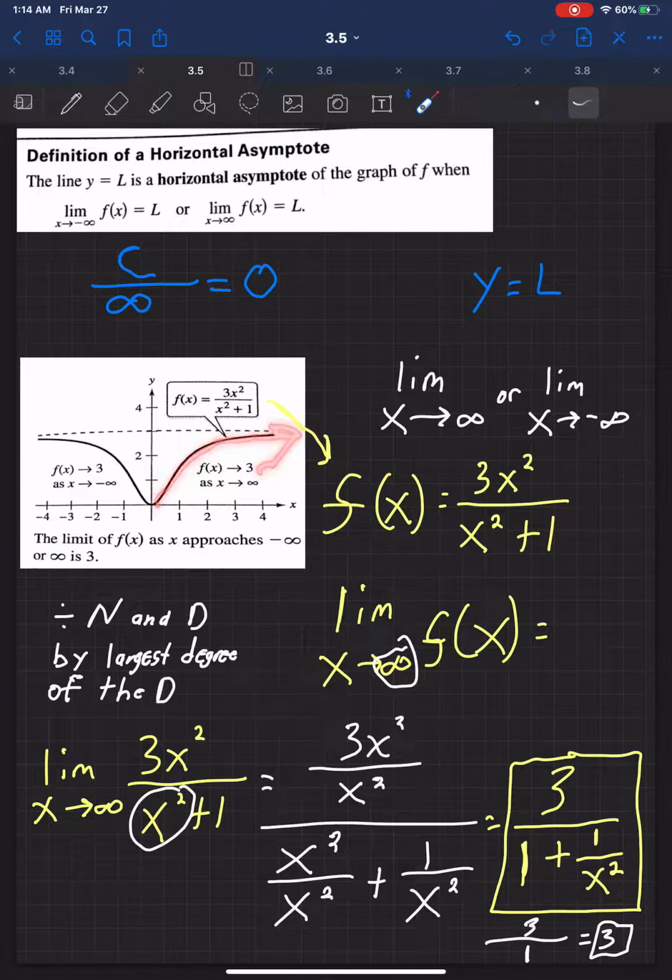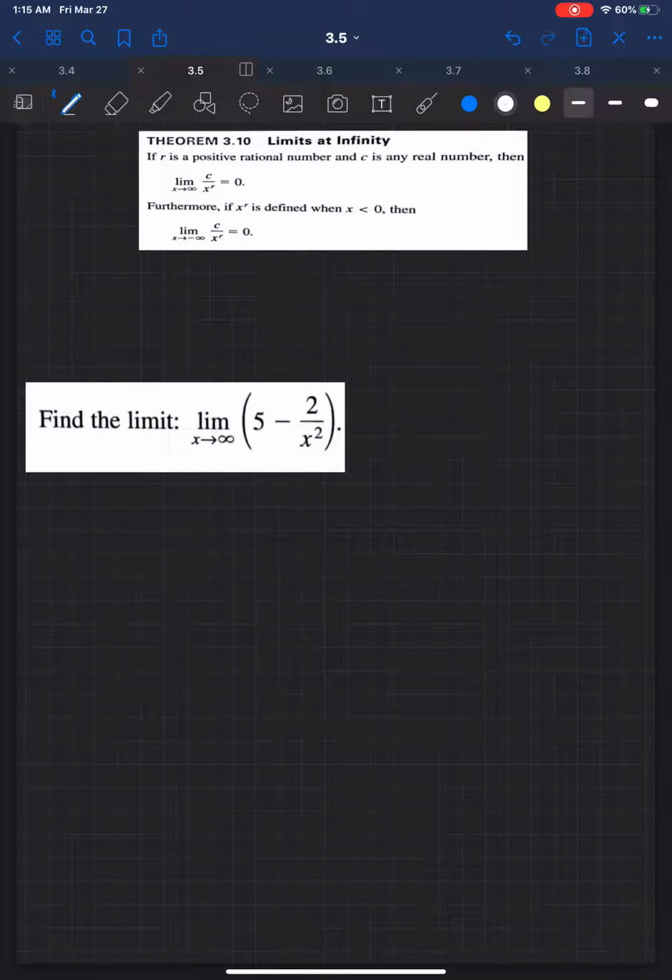So what is the horizontal asymptote here? The horizontal asymptote is y equals 3, which is the limit at infinity. All right. So where do we go from here? Let's practice this technique one more time.